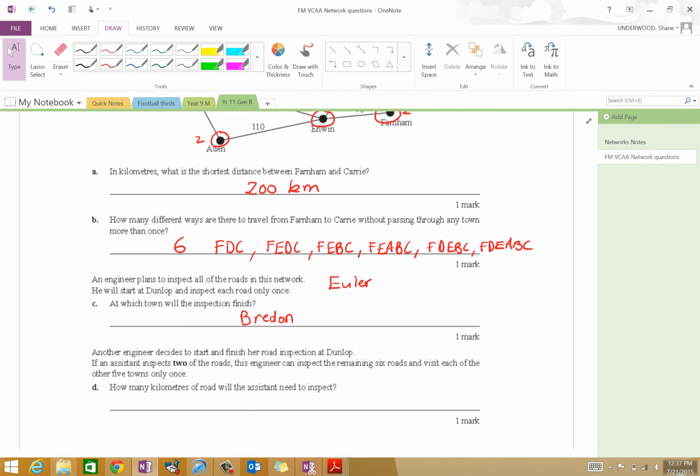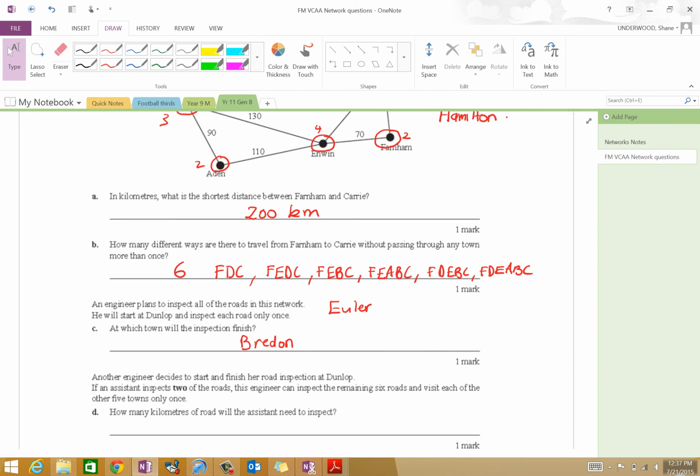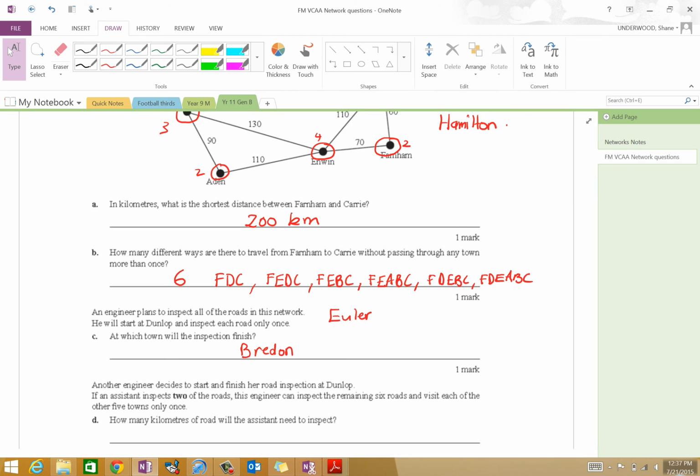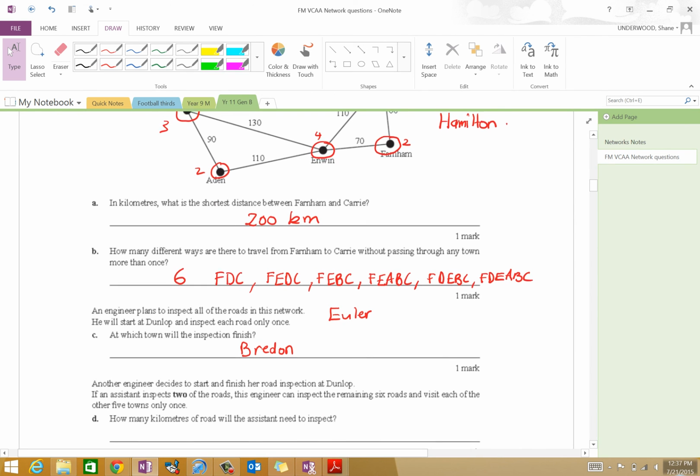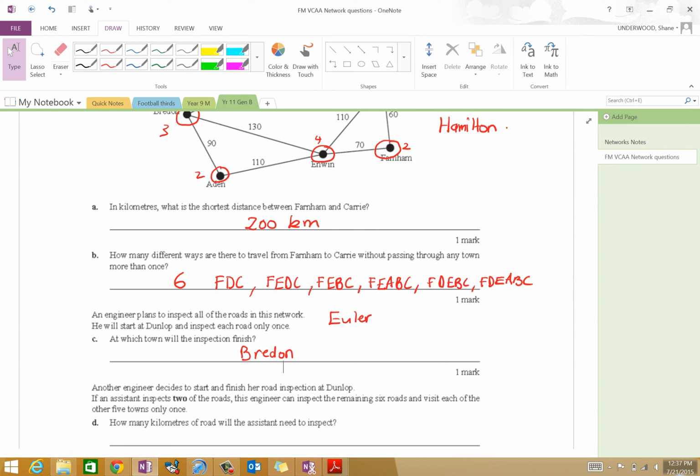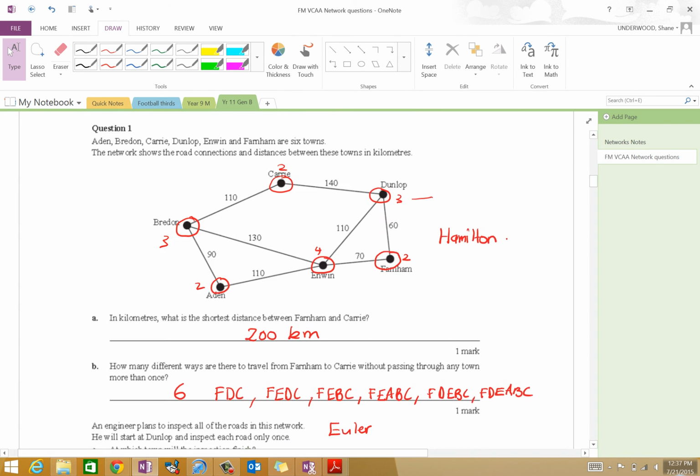Another engineer decides to start and finish her road inspection at Dunlop. If an assistant inspects 2 roads, this engineer can inspect the remaining 6 roads and visit each of the other 5 towns only once. How many kilometres of road will the assistant need to inspect?